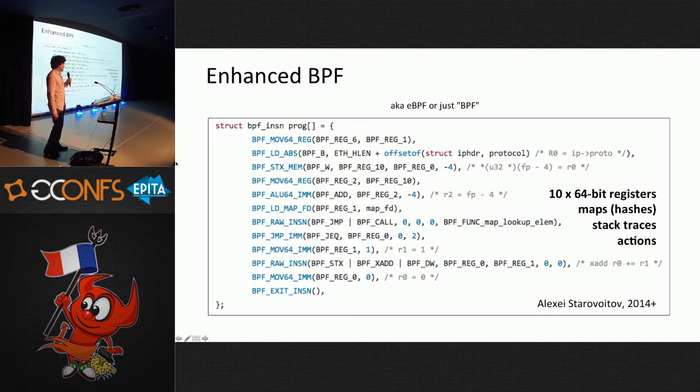And eBPF programs look like this, so that we've got more actions we can do, more registers. eBPF programs have maps, hashes, associative arrays. They can handle stack traces and they can do actions. And so I'm starting to do a lot of work on that on Linux. The front end is really difficult.